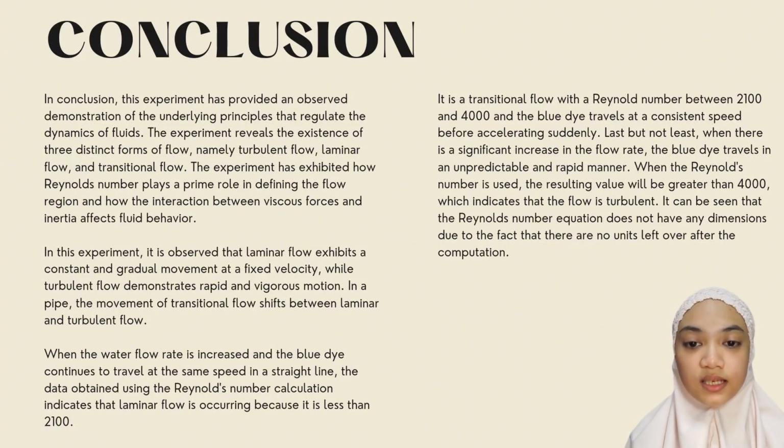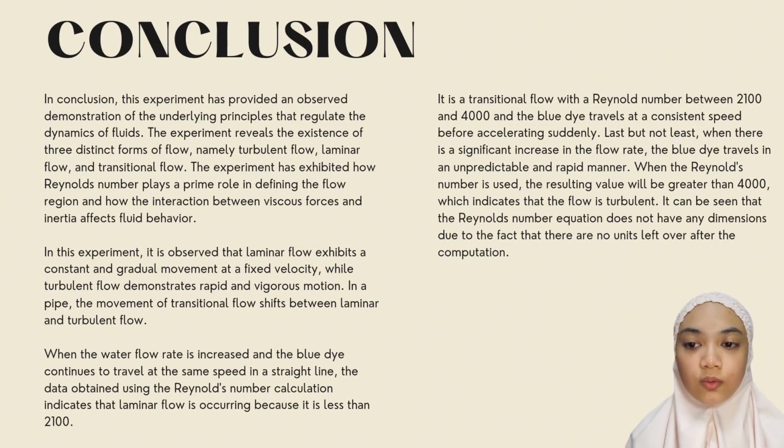In this experiment, it is observed that laminar flow exhibits a constant and gradual movement at a fixed velocity, while turbulent flow demonstrates rapid and vigorous motion. In a pipe, the movement in transitional flow shifts between laminar and turbulent.